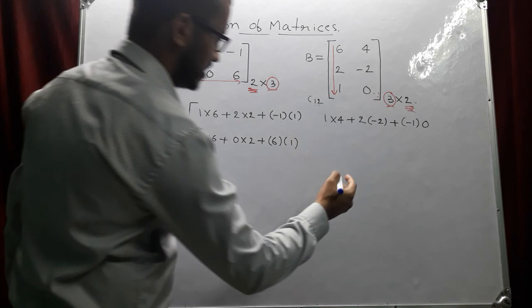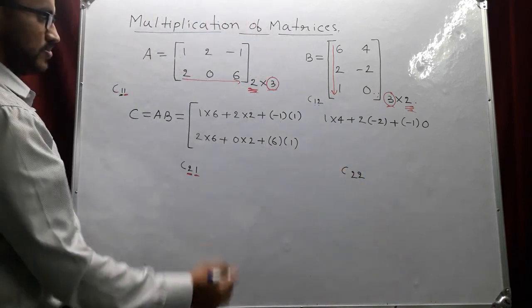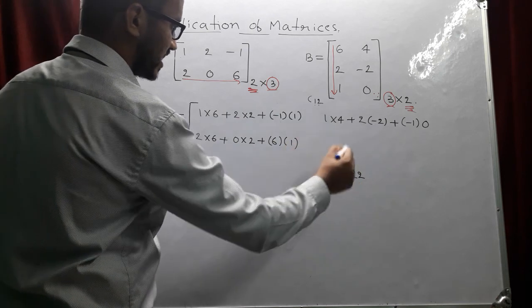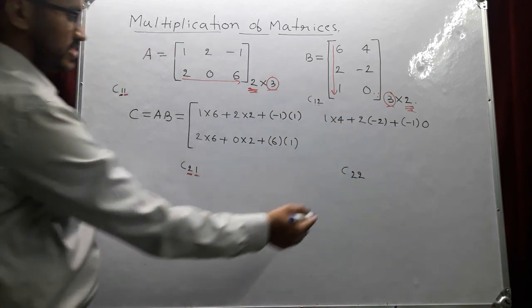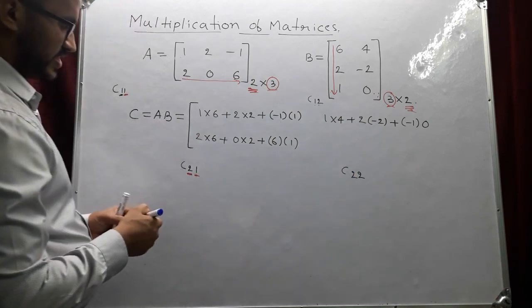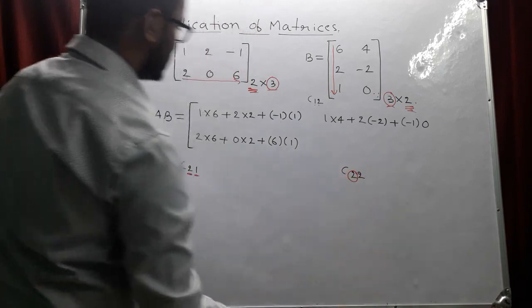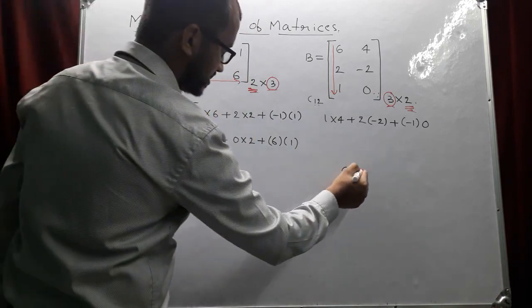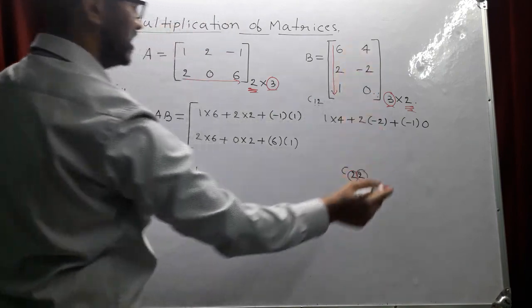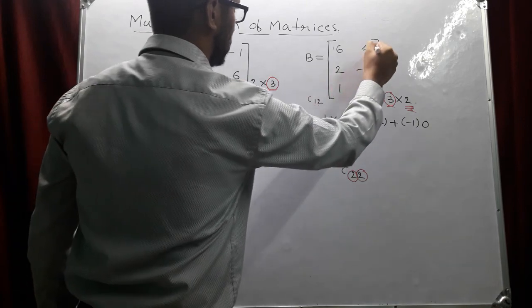The next element, we can denote it by C22, meaning it lies in the second row, second column. Again, to get this element, we have to consider the second row in the first matrix with the second column in the second matrix.